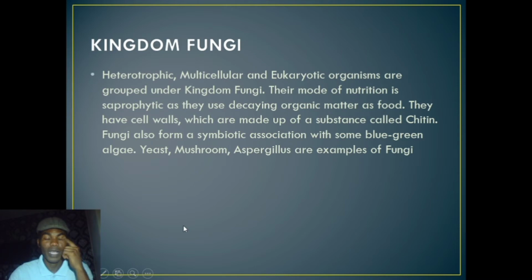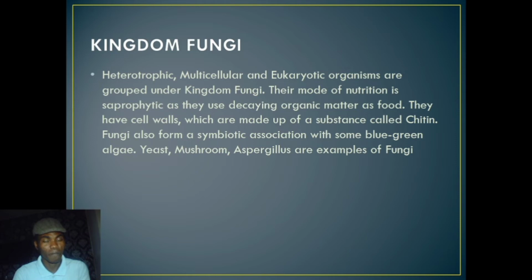Now let's take a look at kingdom fungi. Heterotrophs, majorly multicellular and eukaryotic organisms, are grouped under this kingdom. Their mode of nutrition is saprophytic, as they use decaying organic matter as food.